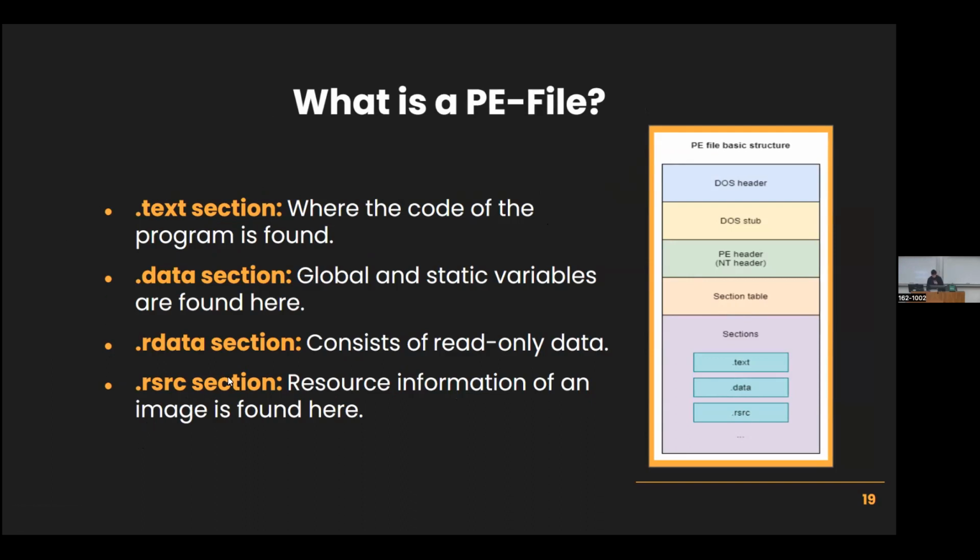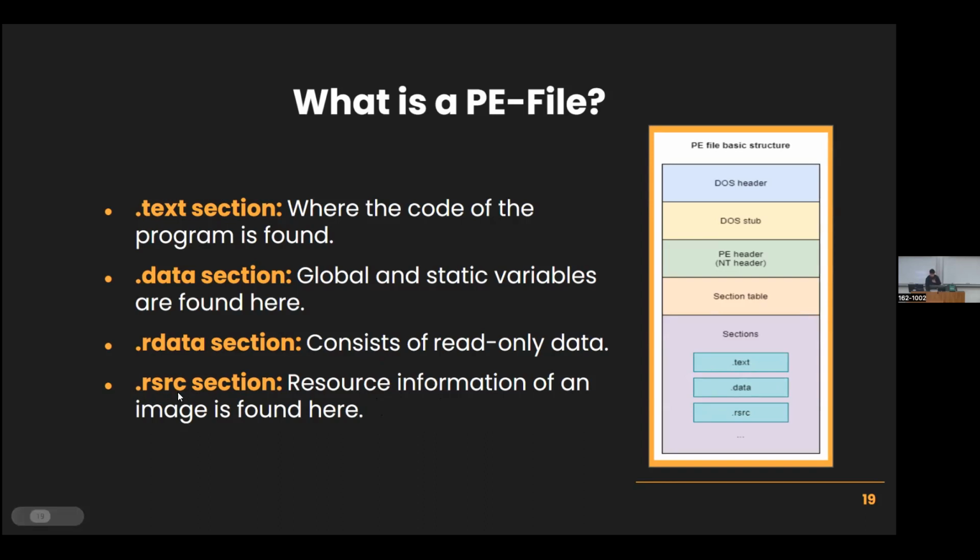So why does it matter? Basically, threat actors can allocate malicious code into these sections. So as malware analysts, we have to search through these specific sections to find the malicious code, most often being the shellcode that we saw earlier.